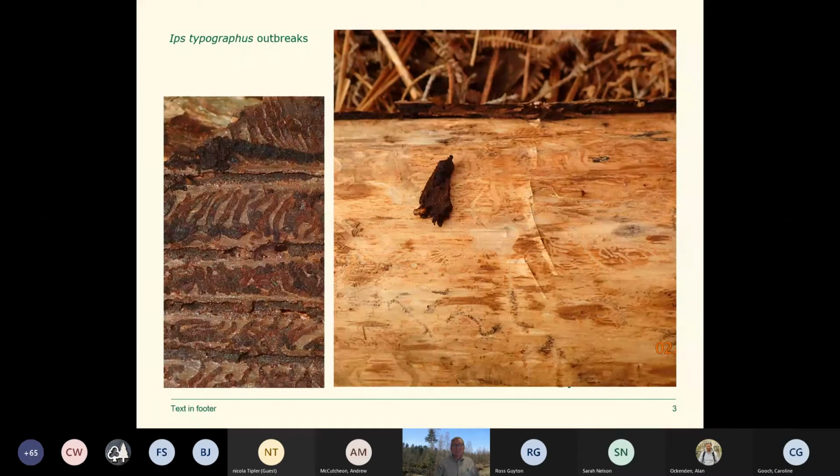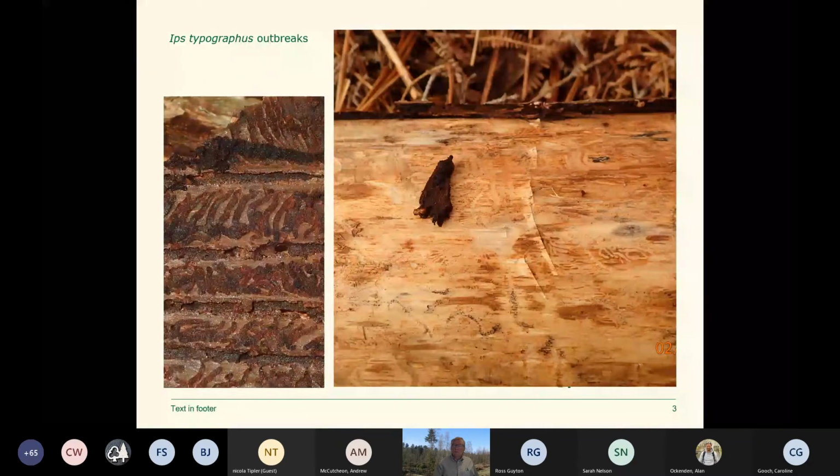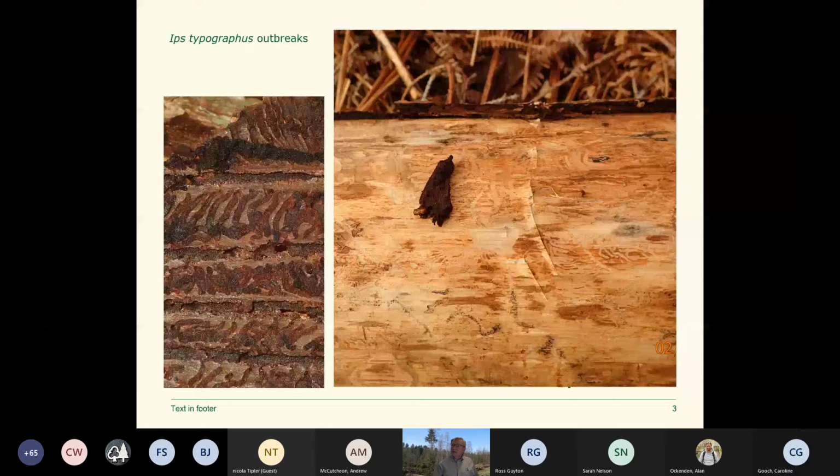In addition to those forest-based bark beetle survey traps, we also have pheromone-baited lures at ports and processors, and we've periodically over the last 20 years had occasional findings in these traps, which generally represent hitchhikers with imported material.